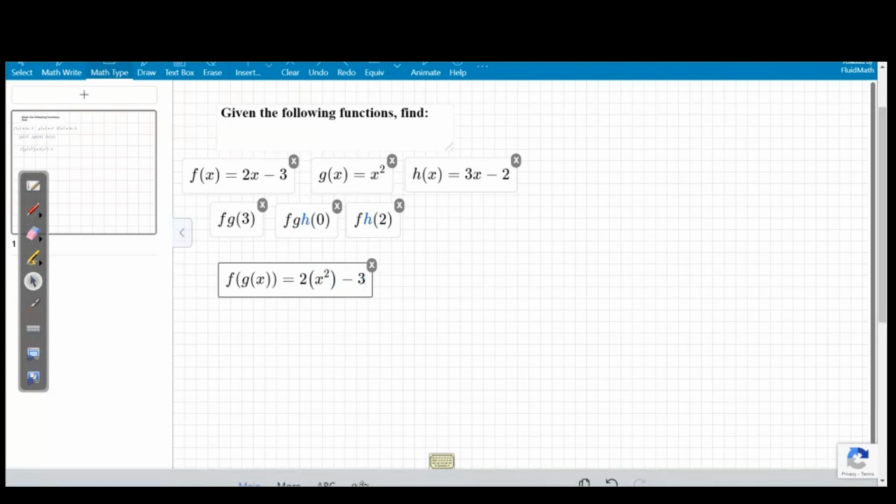Now the next thing here is that we need to find this entire function of 3. So this becomes f of g of 3. This becomes 2, then into bracket, now we have 3 raised to the power 2, minus 3.